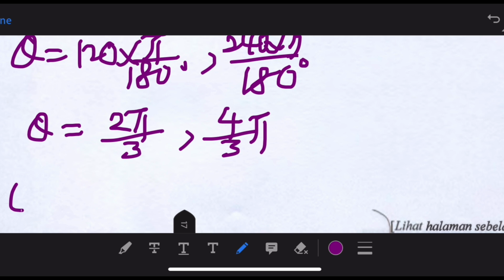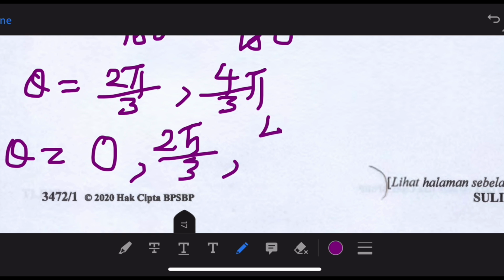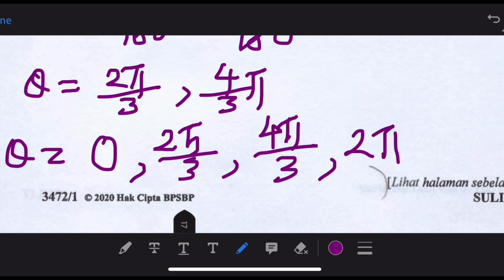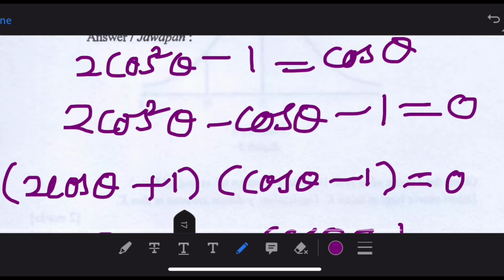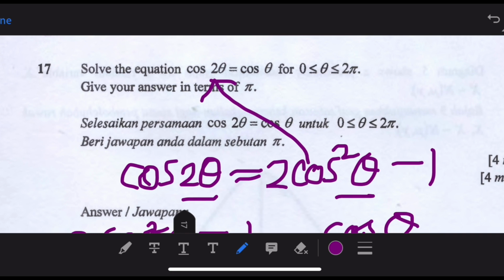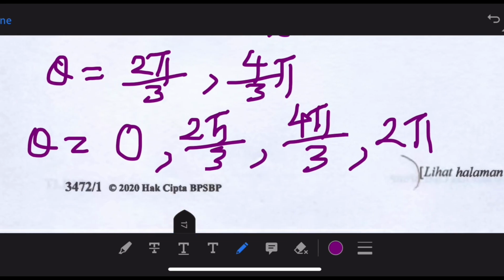So finally, we have to list out all the answer in one sentence in radian. Make sure it's in pi form. Okay, these are the 4 answers. Okay, to make the perfect answer, you have to list out accordingly so that you won't be penalized by the marker.